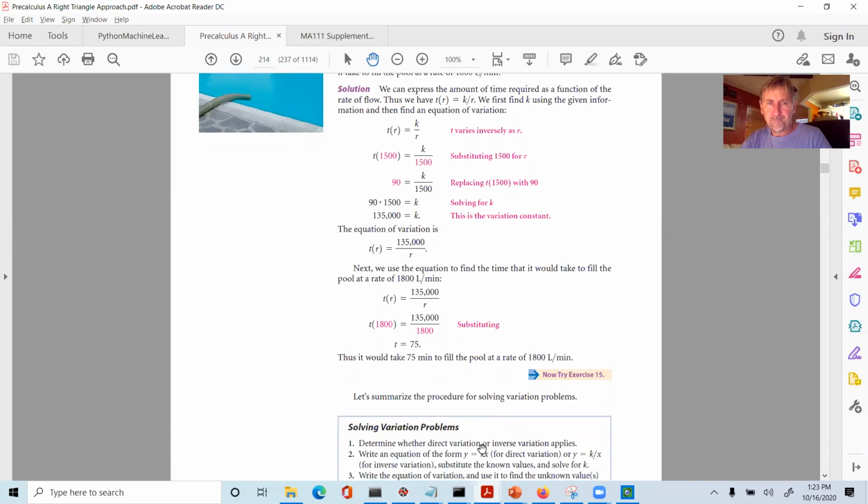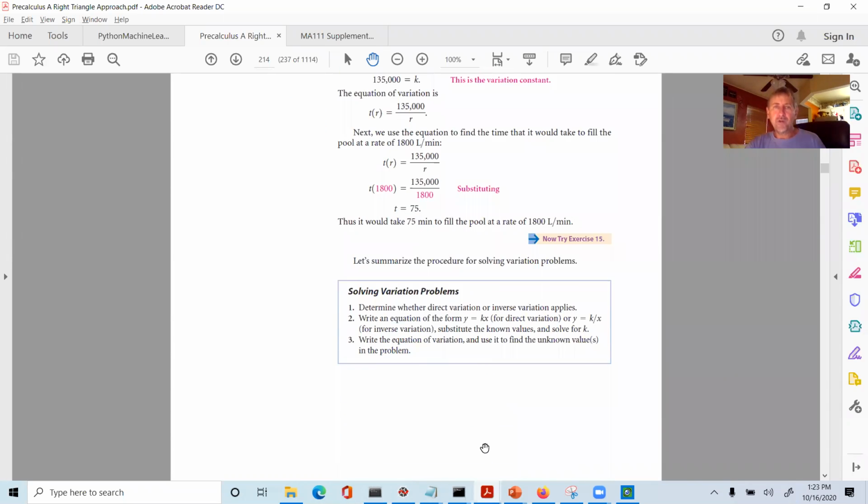Perfect. Oh, and they give you a little summary. Okay, and this is the same thing I've been saying, right? Determine whether the variation is inverse or direct. So you only have two options. It's not too bad. It's either k times x or 1 over x times k.